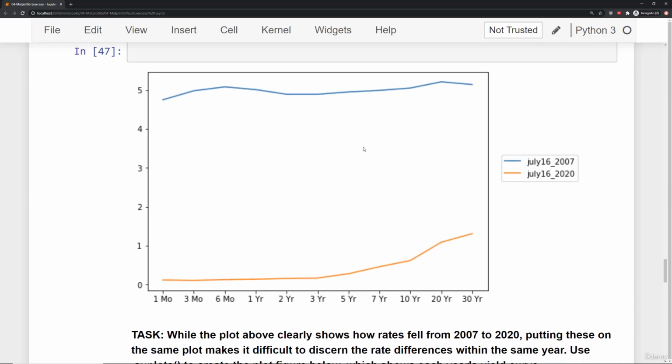The next observation that you can make in this plot is that while we can clearly see that rates fell a lot between 2007 and 2020, what is not really clear is the relationship between the actual maturities within the 2007 values. I can't really tell how much higher a 1-month interest rate for 2007 is than, for example, a 10-year interest rate in 2007.